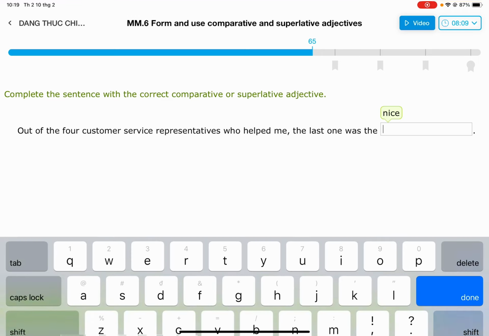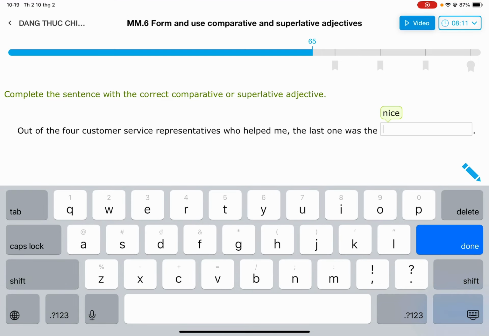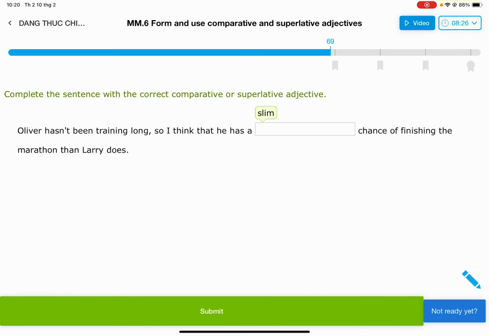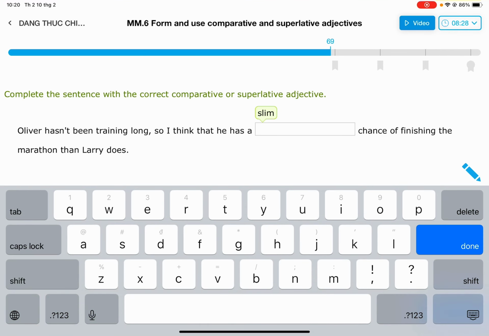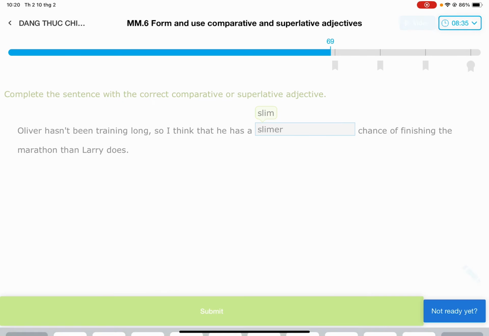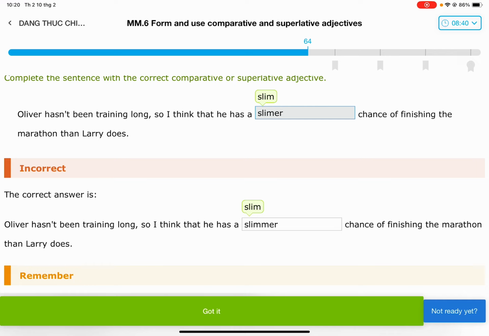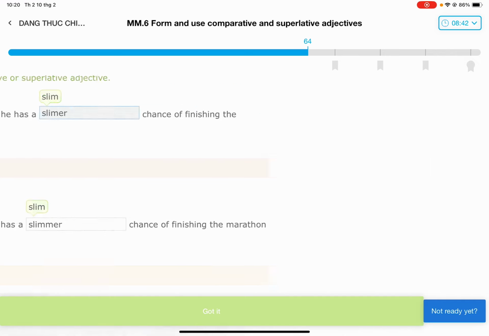The last one, we have the word the here, so it is definitely a superlative adjective, and nice is only one syllable, so it is nicest. Oliver had not been training long, so I think that he has a slimmer chance. Slimmer. Oh yeah, I forgot. I have to have two m because we have a short vowel syllable here.